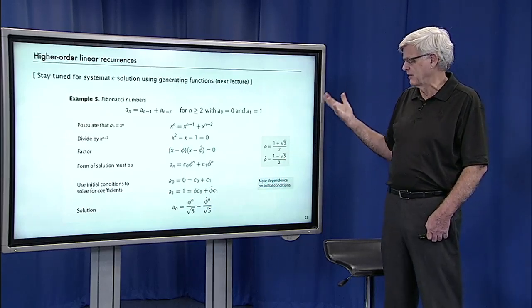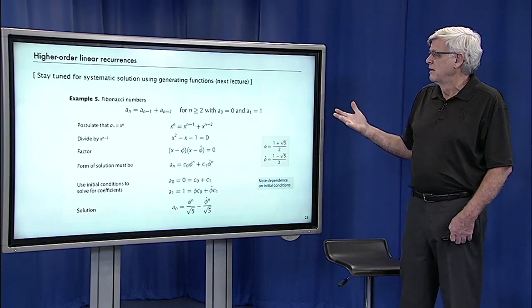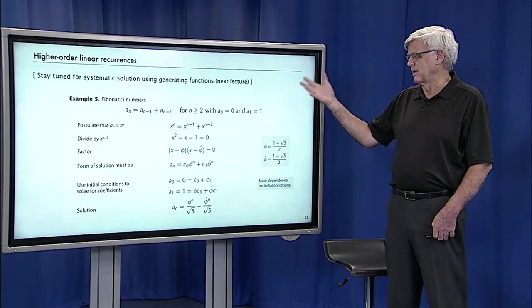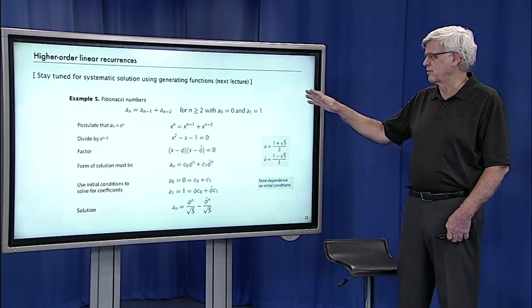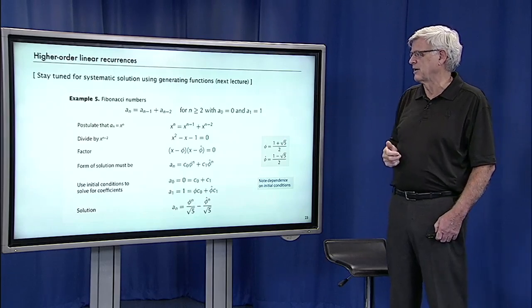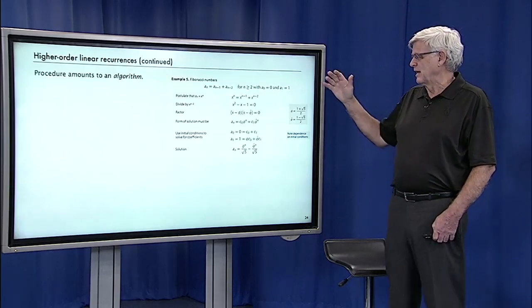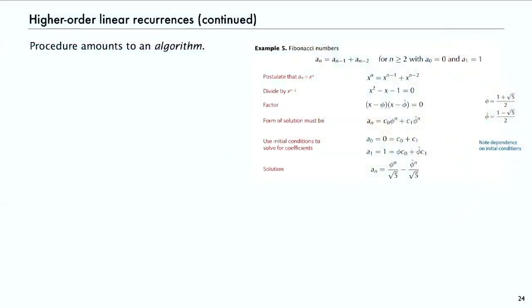That's solving the recurrence. And again, we can do that systematically for any such recurrence, and this will come up another couple of times in the next few lectures. So this procedure, in a sense, amounts to an algorithm.